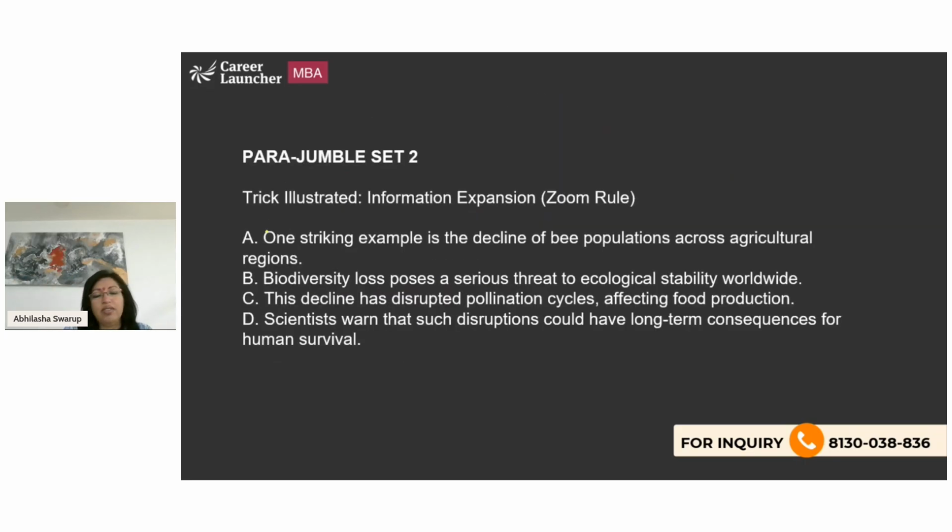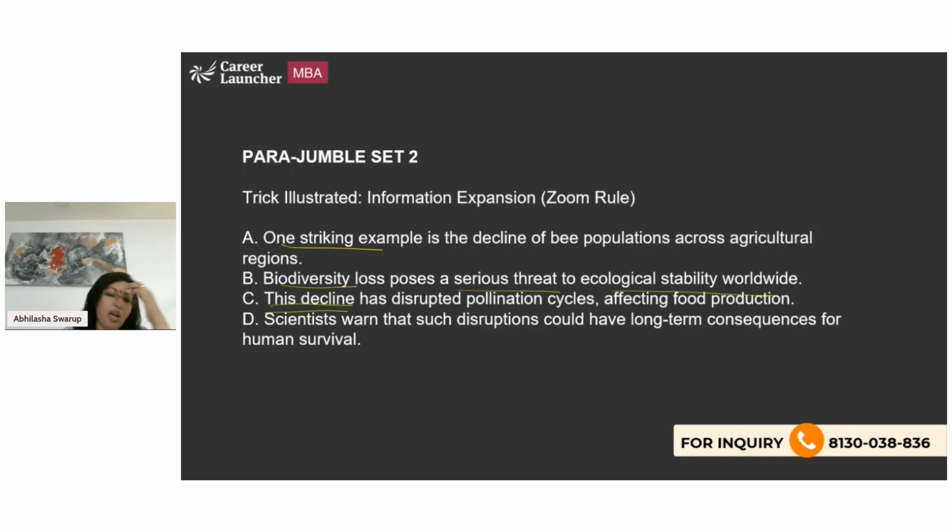Let's take a look. We are looking at zooming. One striking example is the decline of bee populations across agricultural regions. Biodiversity loss poses a serious threat to ecological stability. So I know "one striking example" of something, so that sentence has to come later.